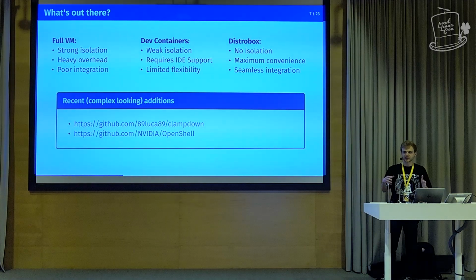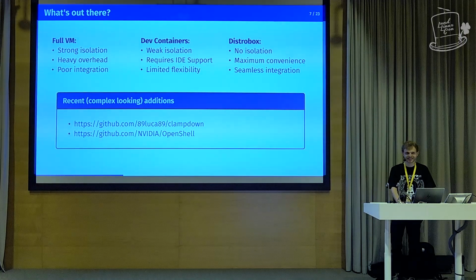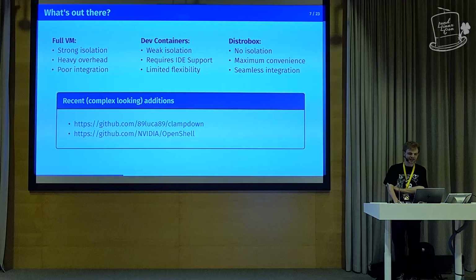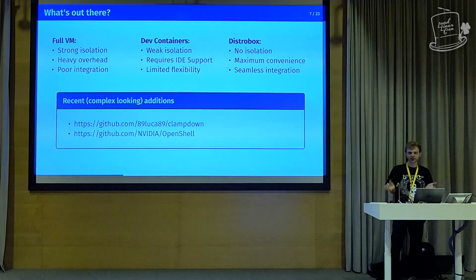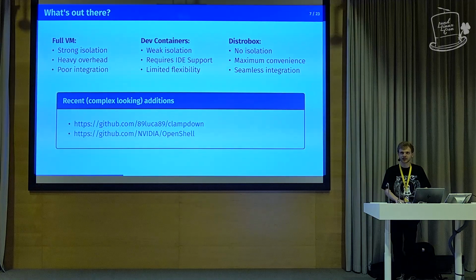So you can easily get an Ubuntu shell on your Fedora machine, and it's very tightly integrated, so it automatically shares the home directory and the devices and all of these things, so it's really seamless. The problem is just it doesn't provide any isolation at all.